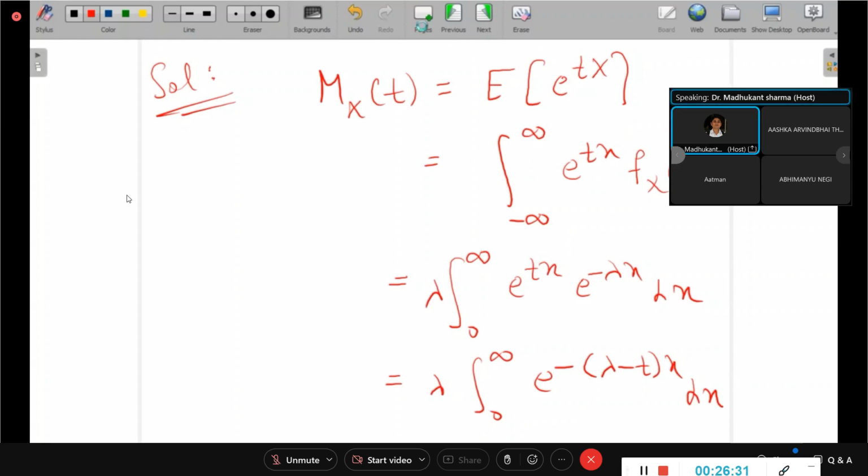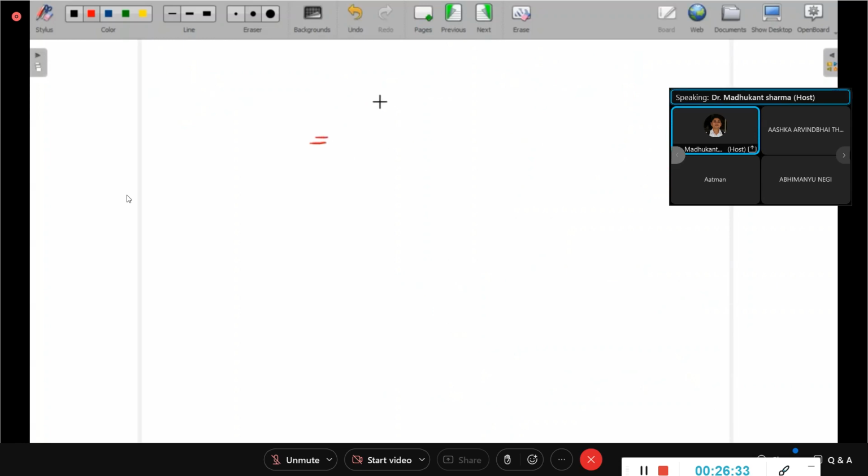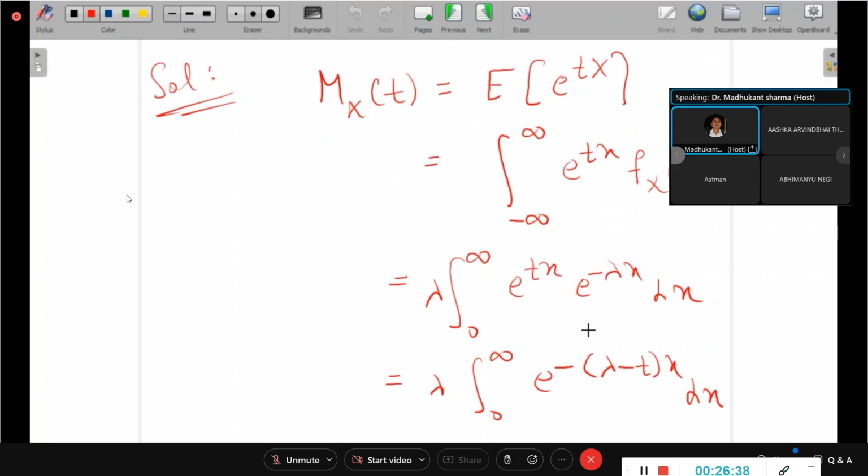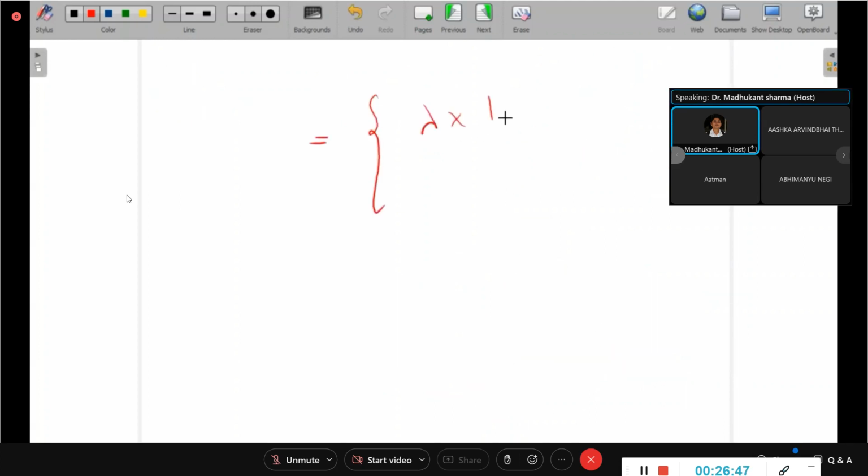So this is going to be lambda times, using the similar concept, 1 upon lambda minus t if lambda minus t is greater than 0, and it diverges, or does not exist, if lambda minus t is less than or equal to 0.